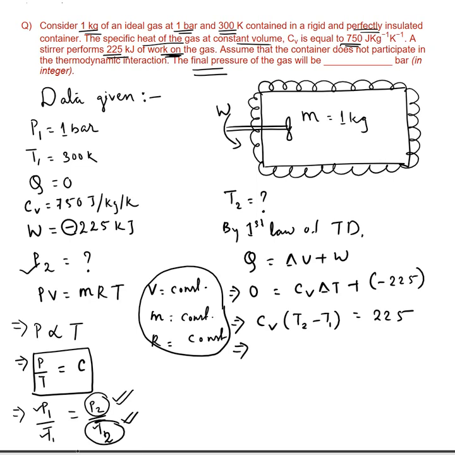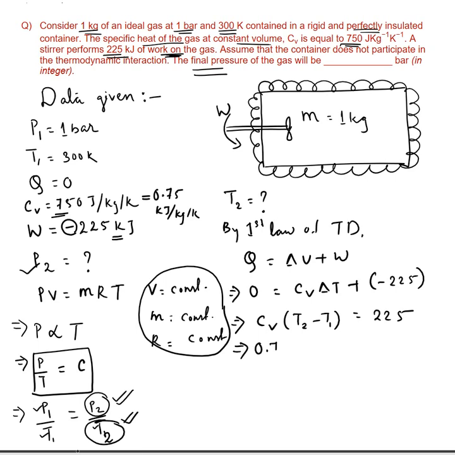Now Cv is 750 joule per kg Kelvin. But here W is given in kilojoule, so convert this joule into kilojoule. After converting, this becomes 0.75 kilojoule per kg per Kelvin. Now substitute the value of Cv as 0.75 here.